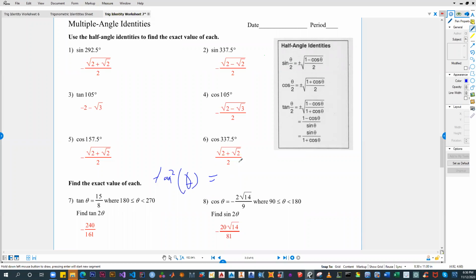This one would be the equation 1 minus cosine theta over 1 plus cosine theta.